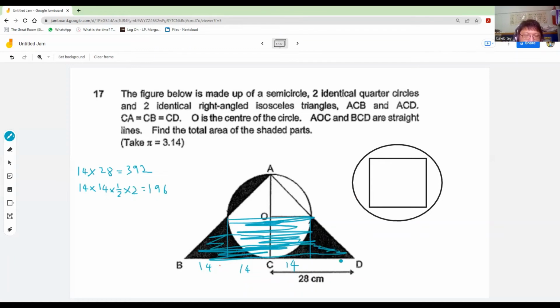Now we want to minus off that semicircle. So let's find the semicircle. Semicircle radius is 14. So 14 times 14 times 3.14. But remember, it's a semicircle, so it's times half. So you get 307.7.